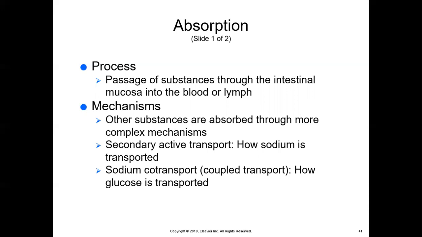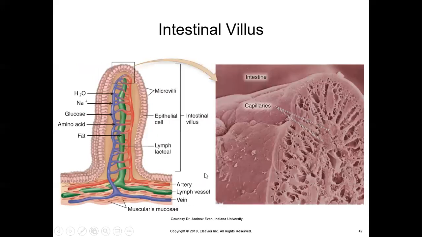They are broken down to the basic components, and those are passed through the intestinal mucosa into the blood or the lymph. These other ones that they're talking about are more complex, and I'm not going to ask you about that specifically. The absorption I want you to be concerned with are the basic components: glucose, amino acids, fatty acids.